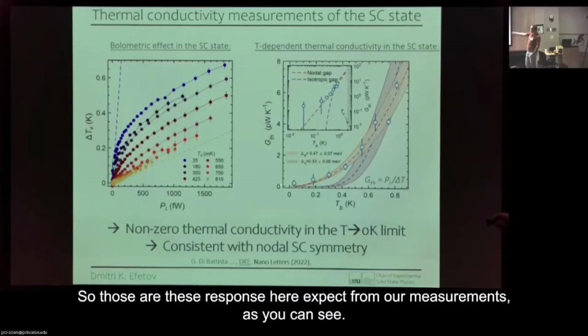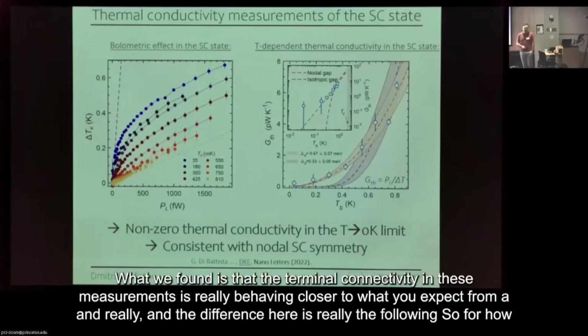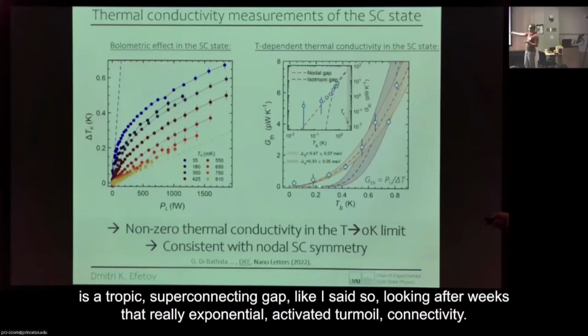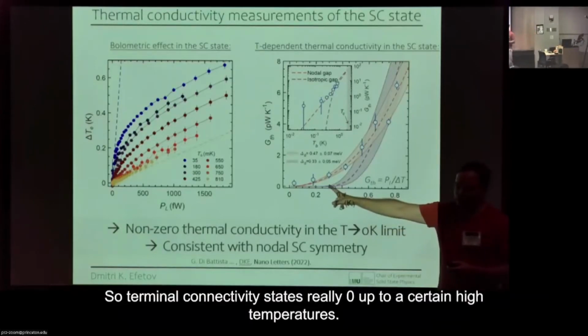As you can see, the thermal conductivity in these measurements behaves closer to what you expect from a nodal superconductor than from an isotropic s-wave gap. The difference is the following. For an isotropic superconducting gap, like an s-wave superconductor, we expect exponentially activated thermal conductivity, essentially zero up to certain high temperatures.